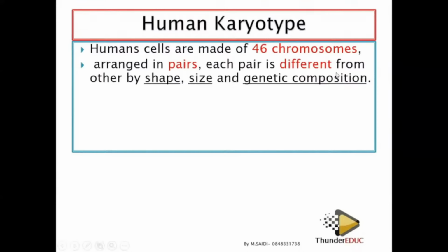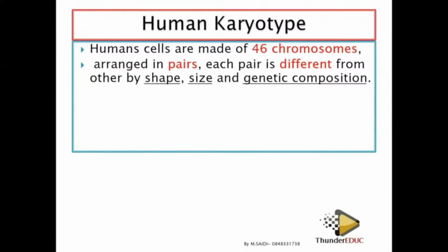Each pair is different from the others. How do they differ? They differ by shape, size, and genetic composition. So pair number 1 is totally different from pair number 2 by size, shape, and genetic composition.